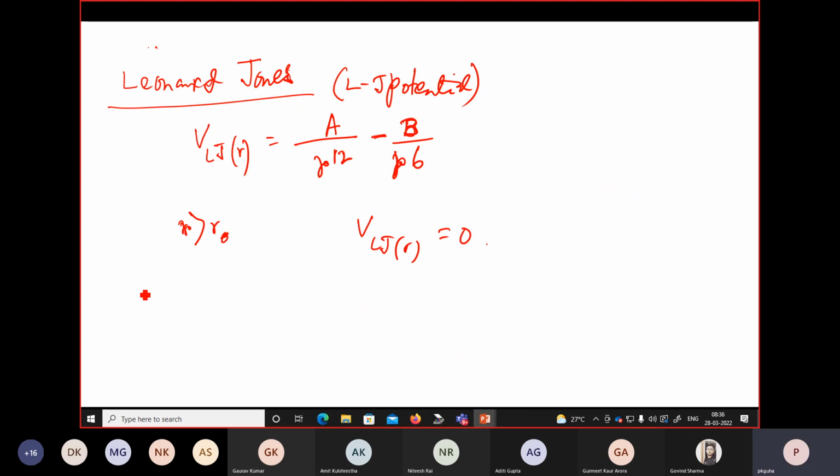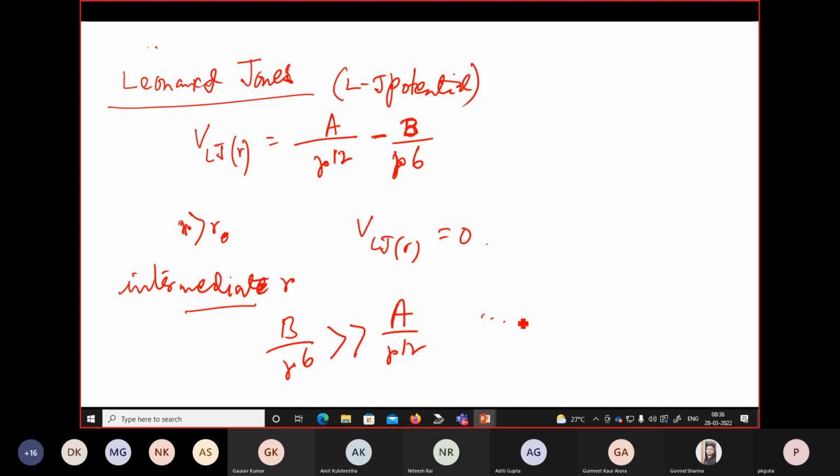Now for intermediate r, so intermediate r means maybe r less than 10 nanometer, of the order of 10 nanometer. Then what will happen? B over r to the power 6, this term will be much greater than A over r to the power 12. So that will give us V_LJ(r) negative. That is, we are in the attractive regime.